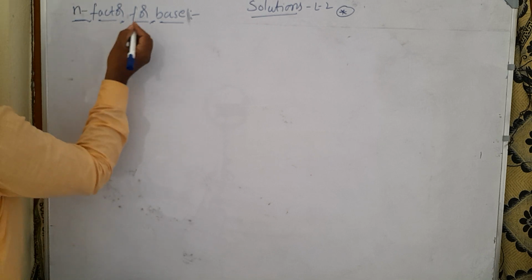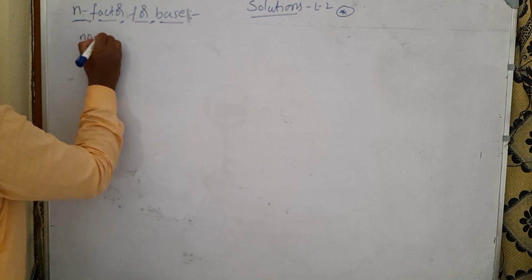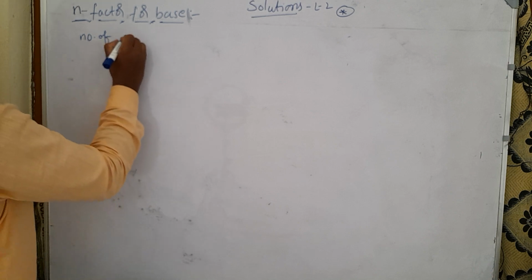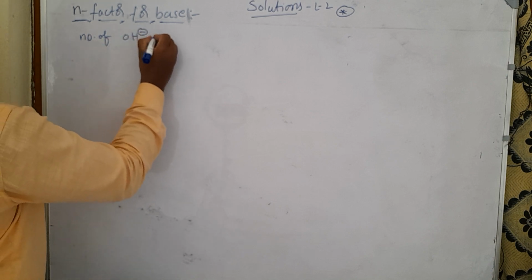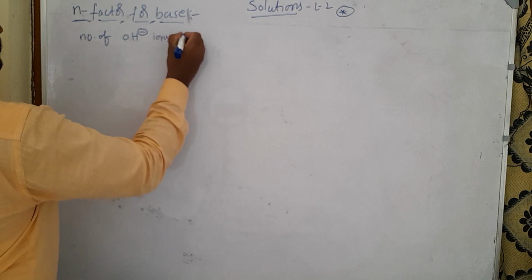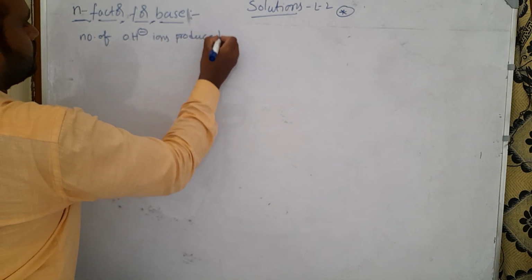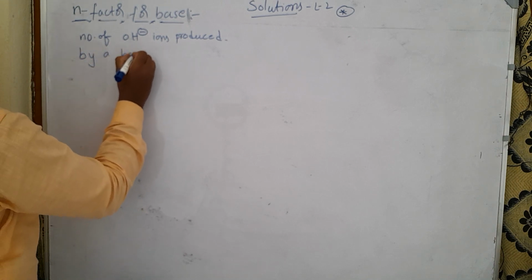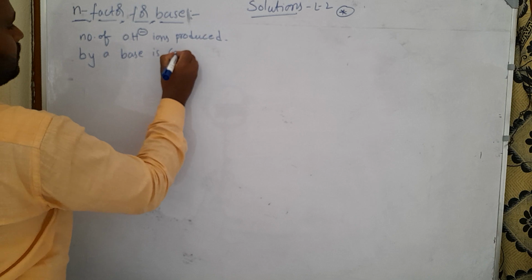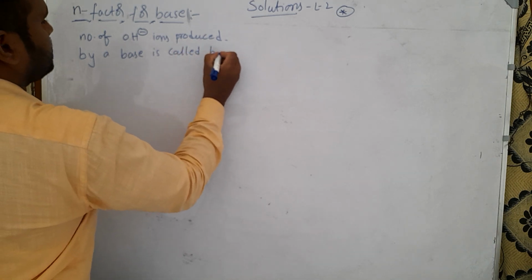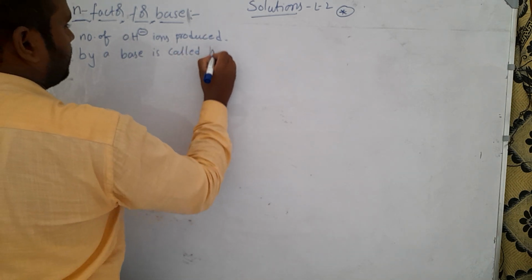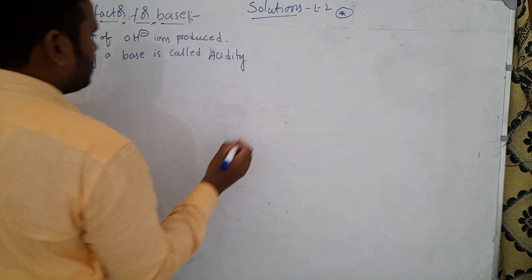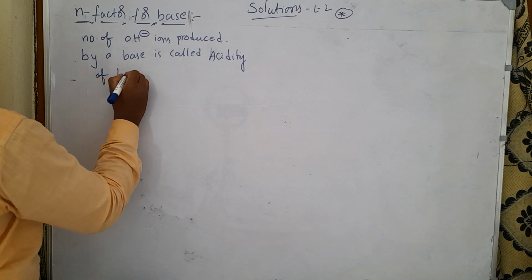So the number of OH minus ions produced by a base is called the acidity of the base.